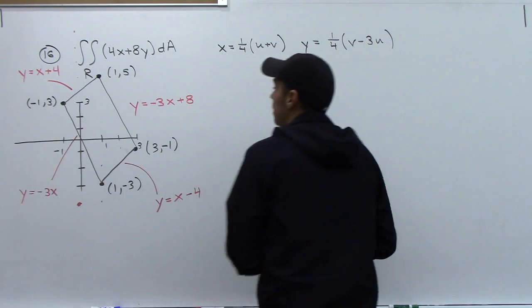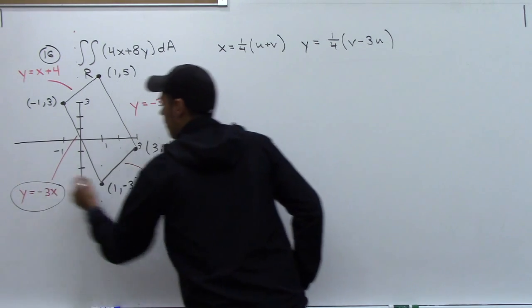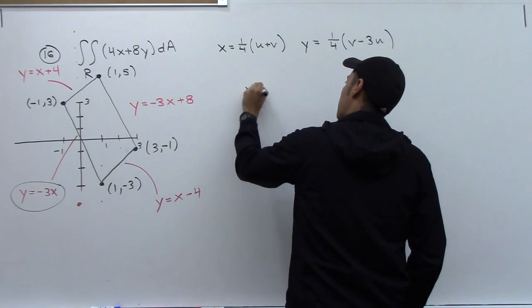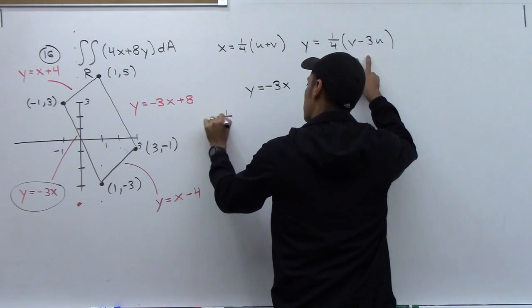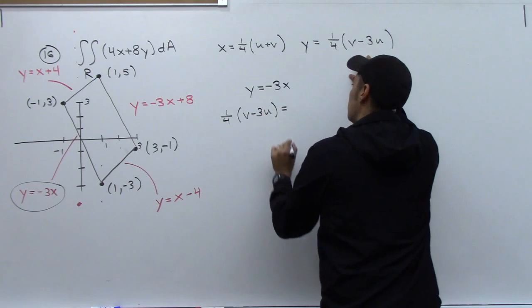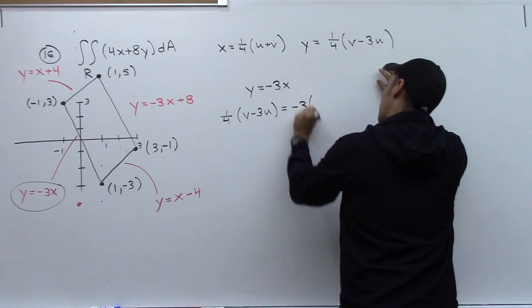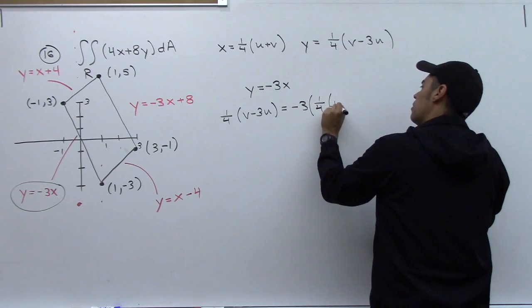So let's take this one first, okay? Y equals negative 3x means that y, which is 1/4 v minus 3u, must equal negative 3 times x, which is 1/4 times u plus v.